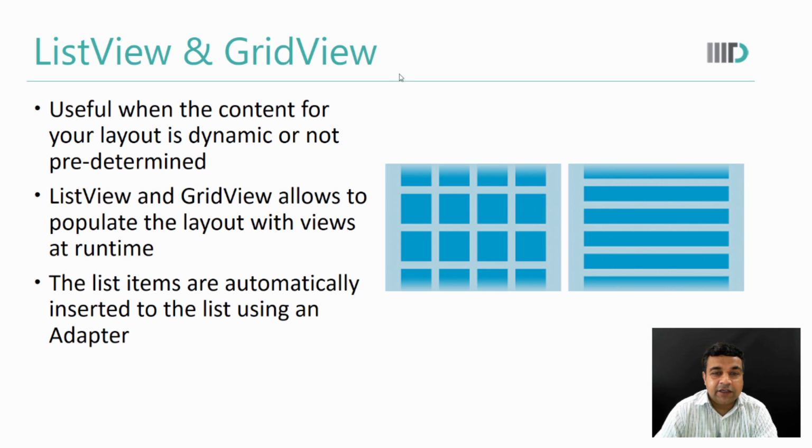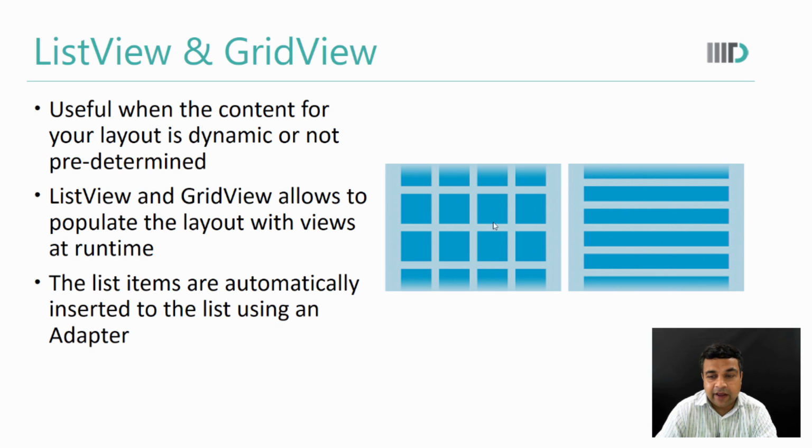The other two layouts are ListView and GridView. These layouts are separate from the previous two layouts. And these layouts are useful when the content for your layout is dynamic or not predetermined. So ListView and GridView layouts allow you to populate the layout with views at runtime.